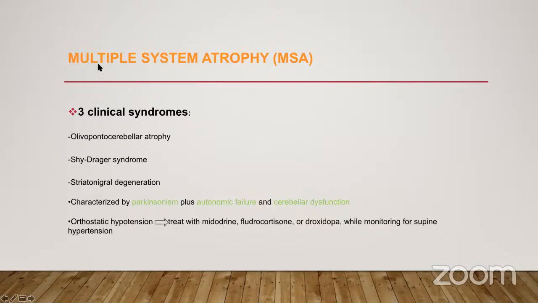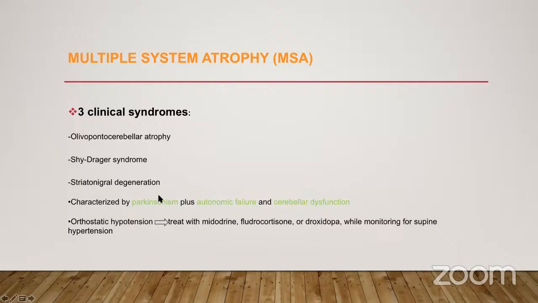We have something called multiple system atrophy, which is one of the Parkinson's plus syndromes. We have 3 clinical syndromes usually associated with Parkinsonism: olivopontocerebellar atrophy, Shy-Drager syndrome, and striatonigral degeneration. These are the 3 main syndromes associated with Parkinson's.